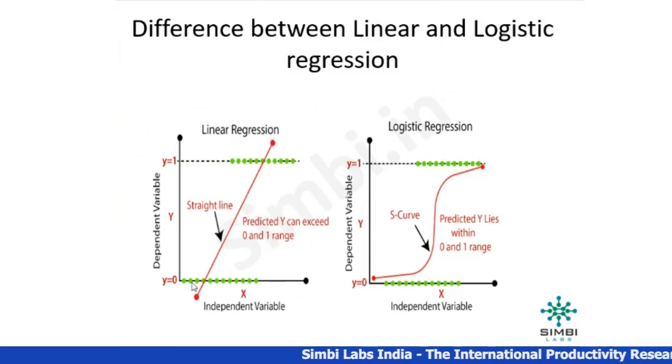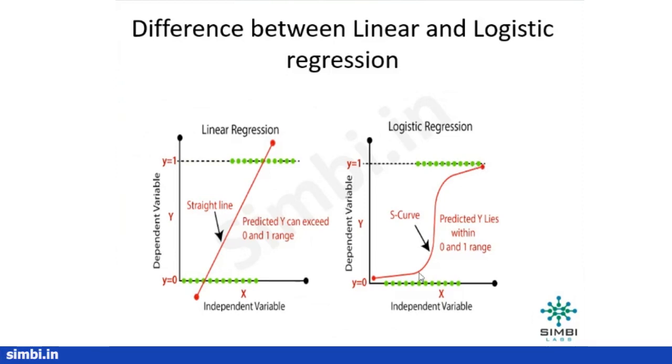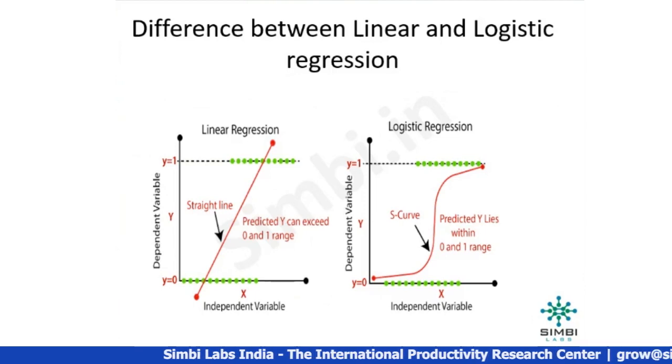But in logistic regression, we find a curve, an S-shaped curve, by which we can classify the samples. Here we can see the S-shaped curve.